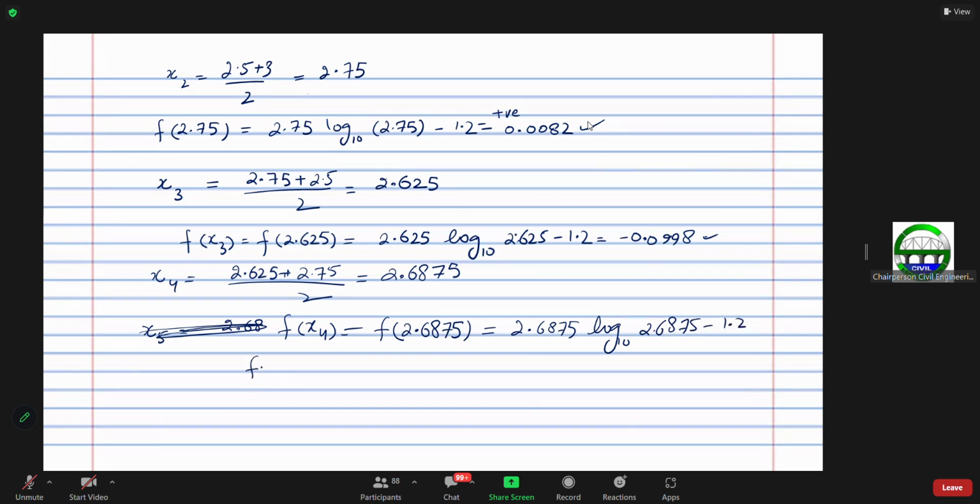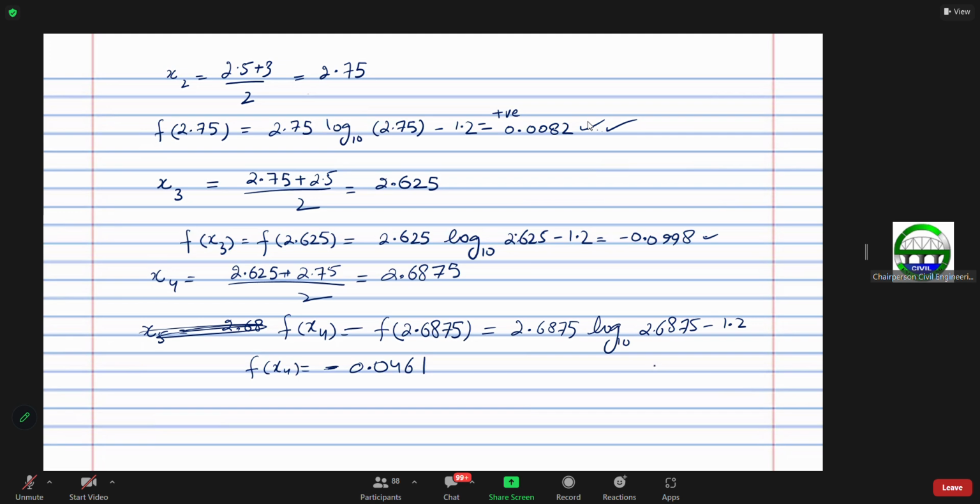So f of x4 will be equal to minus 0.0461. Okay, so now it is negative, and we have the positive here, 2.75 and 2.6875, right?